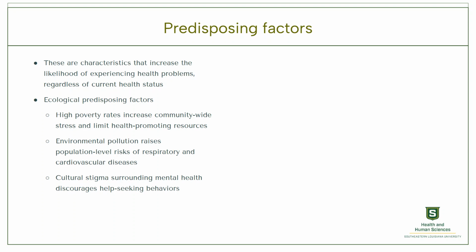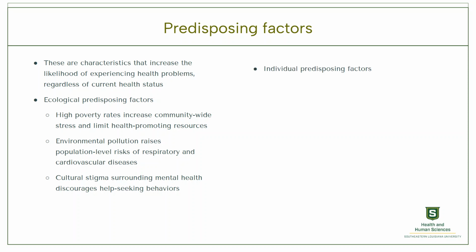Now, cultural stigma comes into play because you live in that environment, where you already have that risk of allostatic load from negative interaction with law enforcement, but the cultural stigma makes it harder for you to seek help, either to prevent those mental health conditions from coming on, or, if they do come on, to prevent them from becoming less manageable for you. So this is how you look at predisposing factors.